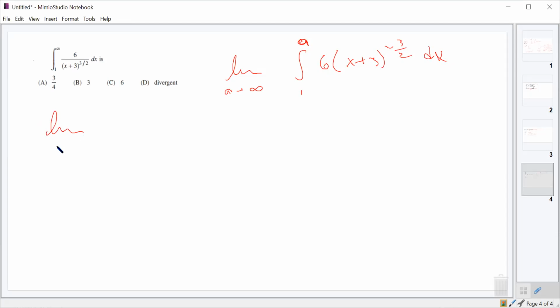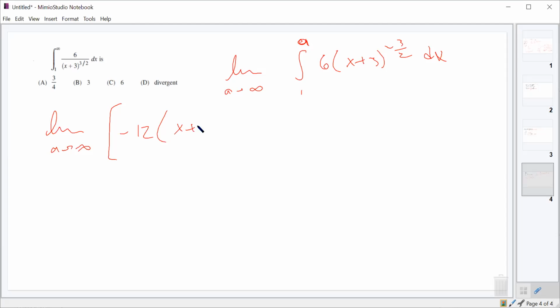And then this becomes the limit as a approaches infinity, and we'll integrate this. So the integral of 6 times (x plus 3) to the -3/2. The x plus 3 is our u, so it's just a regular power rule anyway. We go up from -3/2 to -1/2, and then divide by -1/2, which is going to make this a -12.